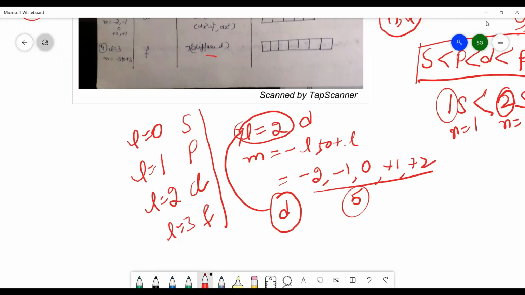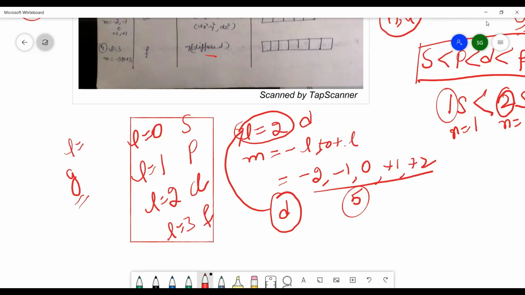इस तरीके से आप आगे भी बढ़ सकते हैं. अगर आपने लिया L is equal to 4, अभी तक आपके कंसिडरेशन में यही है, लेकिन अगर आपसे पूछा जाता है कि g ऑर्बिटल के लिए L की वैल्यू क्या होगी, तो आप लिखेंगे L is equal to 4 होगी. सिमिलरली h के लिए क्या होगी, तो L की वैल्यू 5 होगी, और ये क्वेश्चन आपका एनसीईआरटी में भी है. So in that manner you can find out the more subshells.